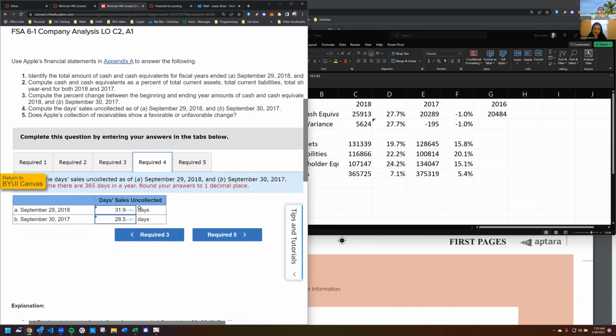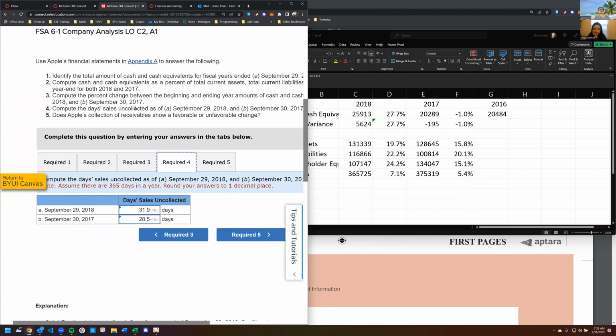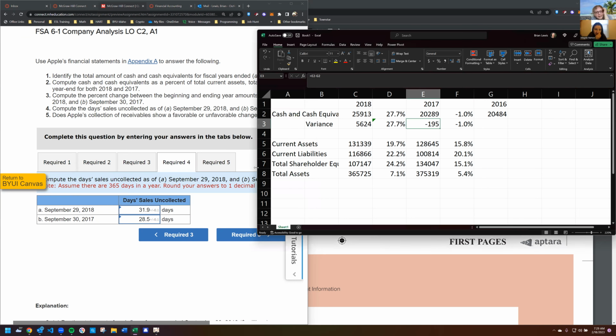Then on 4, it's asking what? Compute the days sales uncollected. Oh, I have to remember this formula. You guys are going to make me remember something from days yonder. Okay, so we're going to look at days sales uncollected.